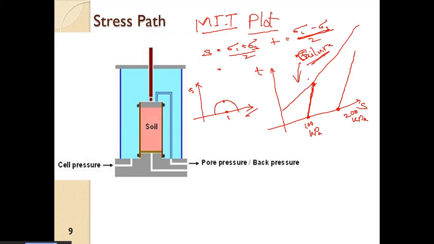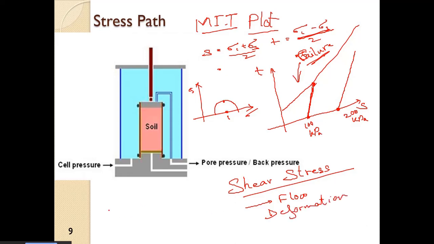Right, we define the failure to be there, or actually there will be constant deformation, with the stress being maintained. If we maintain the shear stress at that state, there will be constant flow in the soil, flow deformation in the soil.